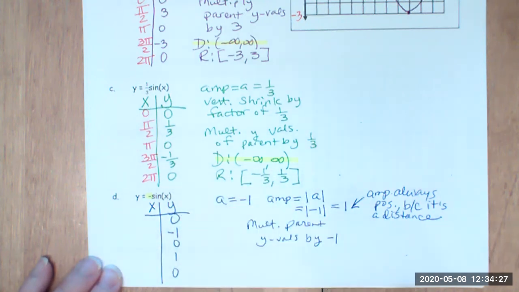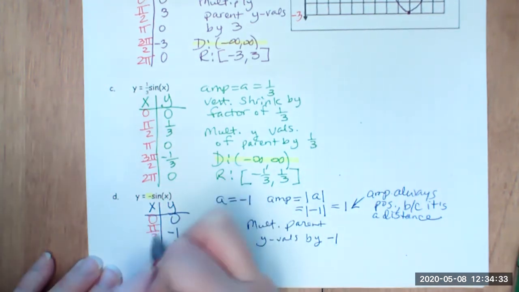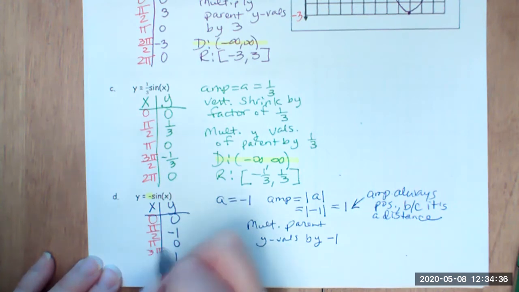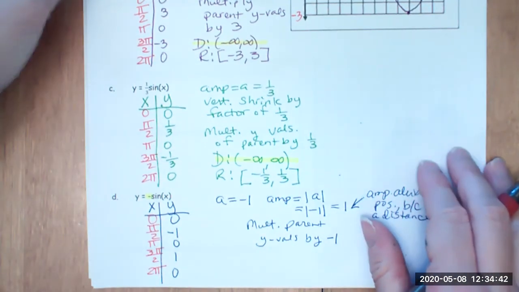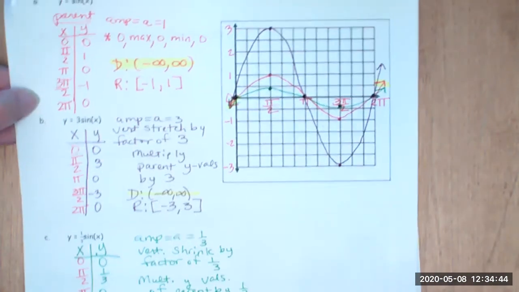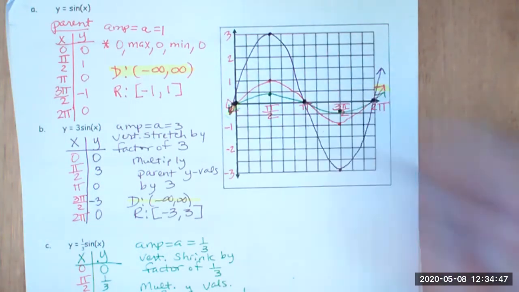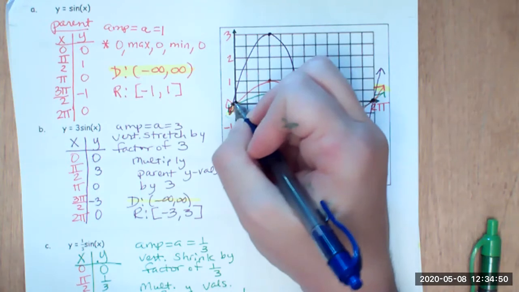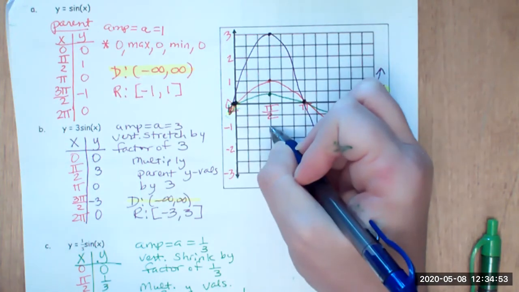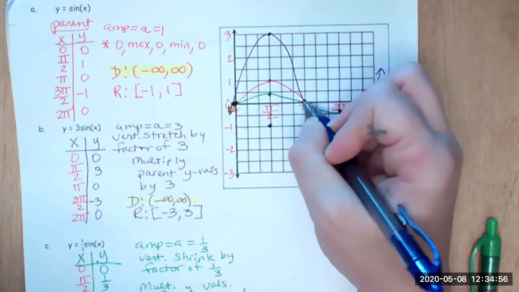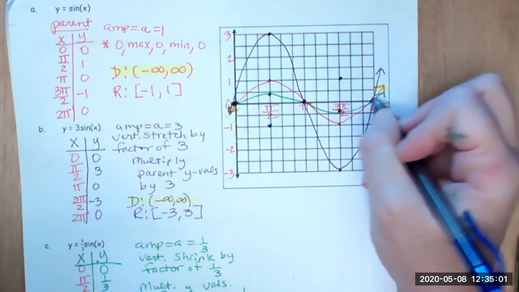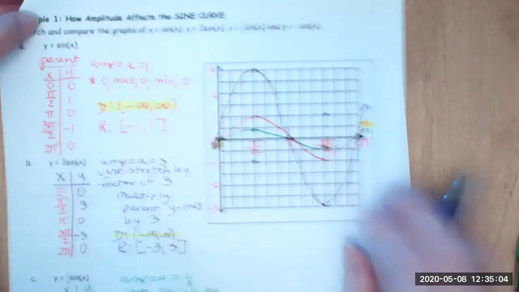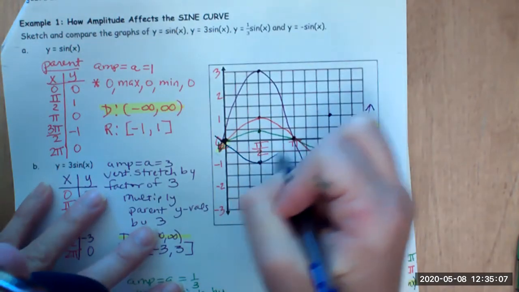So 0, -1, 0, 1, 0, and the x values will remain the same. 0, pi over 2, pi, 3 pi over 2, and 2 pi. Okay? So I'm going to go up and graph those. Okay? So we've got 0, 0, pi over 2, -1, pi 0, 3 pi over 2, 1, and 2 pi 0.